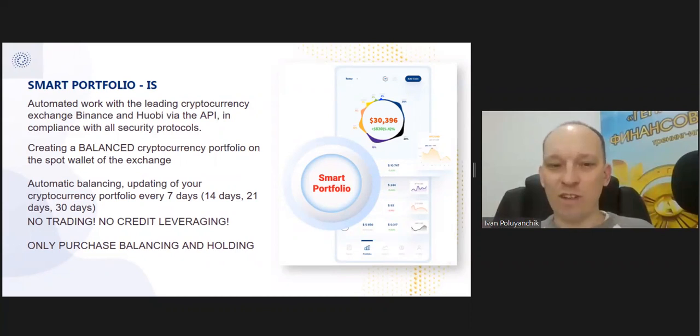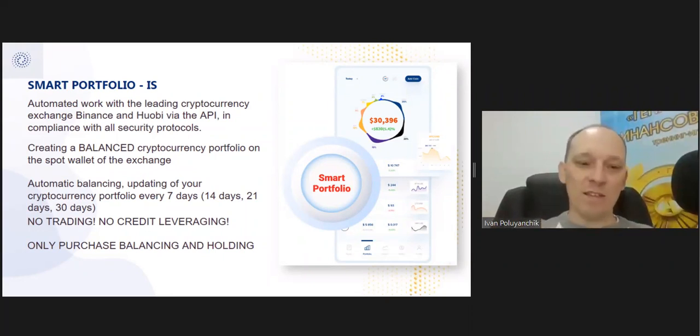Bitcoin is like the whale of cryptocurrencies, the King Kong of cryptocurrencies, and other coins compared to BTC are like small fish. So we have Bitcoin as the whale, then Ethereum as a shark, then BNB as a dolphin, and then other big or small fish.